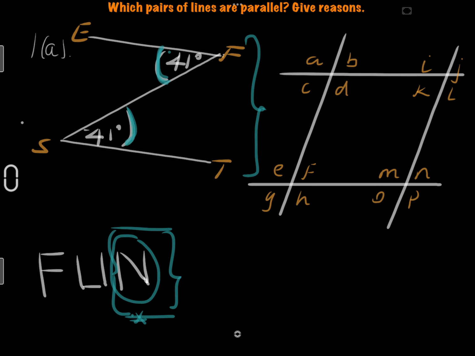So we have alternate angles. These are angles that resemble a Z, and we can immediately identify a couple of them on this figure.